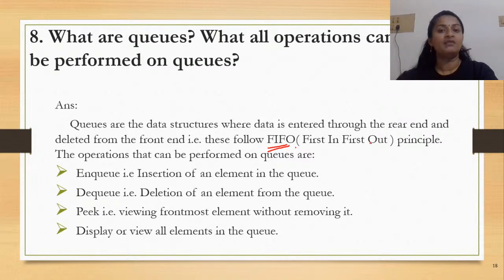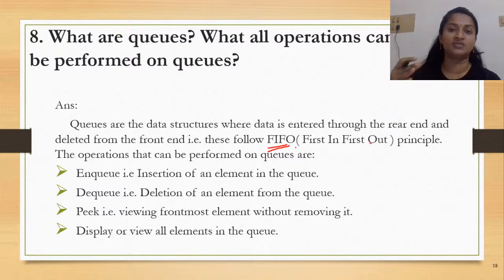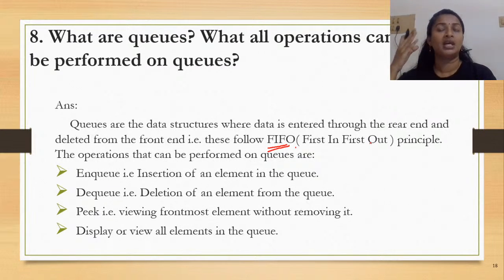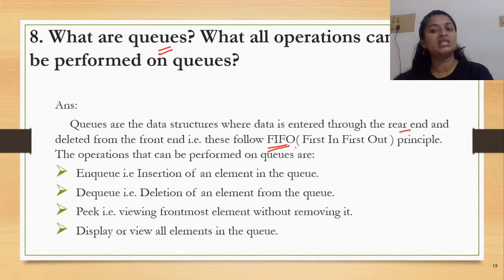Apart from that, in the case of stack, you just had one end, which was the top of the stack. Whatever you do, push or pop, you just need to keep in mind the position of the top after each operation. But when you're considering queues, what happens? There are two ends for the queue, the rear end as well as the front end.